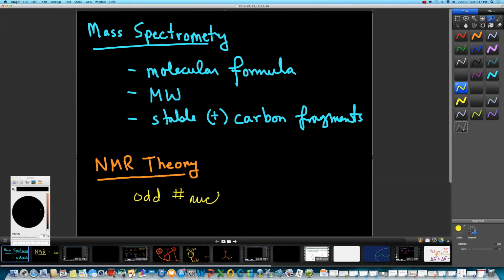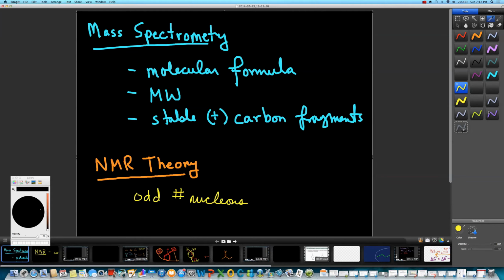Nucleons will be the sum total of the neutrons and the protons. And just as we have an electronic spin from the Pauli exclusion principle, we can have a net nuclear spin, and this net nuclear spin is only possible when we have an odd number of nucleons.